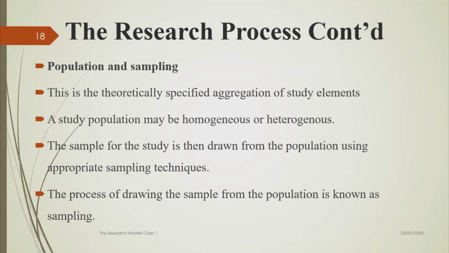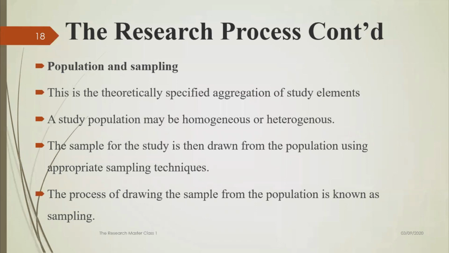The population is the broader group from which a sample will be drawn. Because if I'm studying faculty members at the University of Ghana, there are so many, I may not be able to study everybody. So from that population, I need to draw out a sample, and that sample should be drawn systematically.